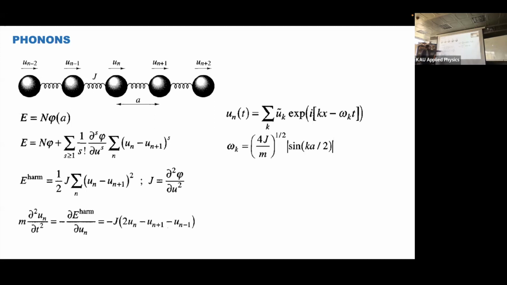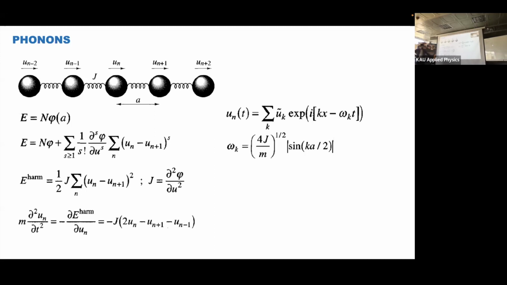Inserting this harmonic energy into this equation, we get a rather simple thing. We get that m multiplied by acceleration will be just J, the parameter for these springs, times the differences of coordinates between these atoms. We can try to solve this equation.